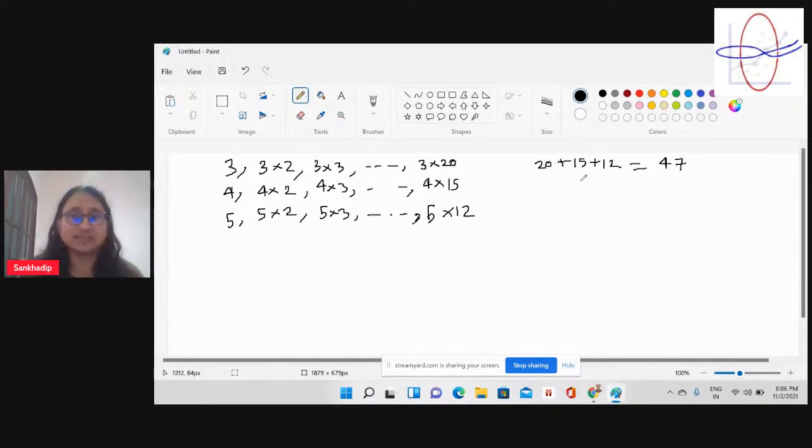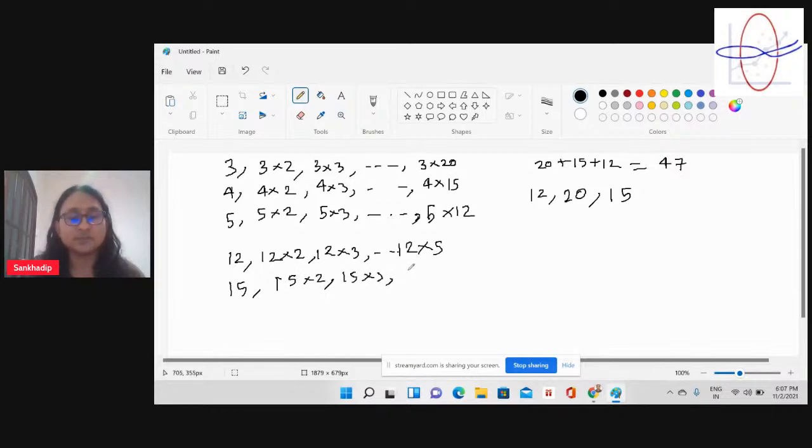Which numbers are they? They are multiples of 12, multiples of 20, and multiples of 15, right? So how many multiples of 12 are there? There are 12, 12 times 2, 12 times 3, till 12 times 5. 15, 15 times 2, 15 times 3, 15 times 4.